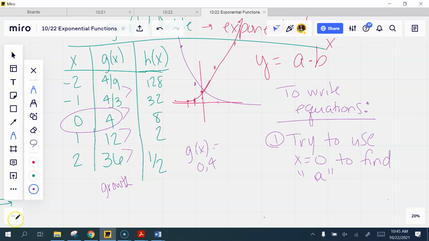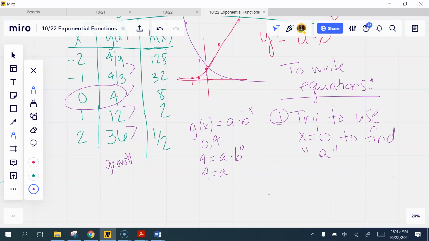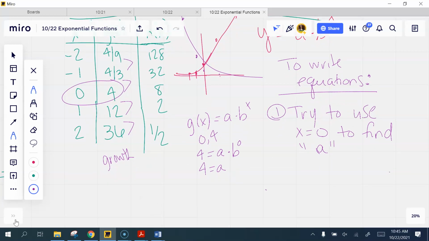And remember, I've got A times B to the x. That's my general form for my exponential for right now. So if I use 0, and Alex was exactly right, because anything to the 0 power is 1, if 4 equals A times B to 0, well, then I know that 4 must equal A, right? So once I've used that, if I have that point, it makes writing the equation a lot easier. I don't have to set up a system or anything like that.